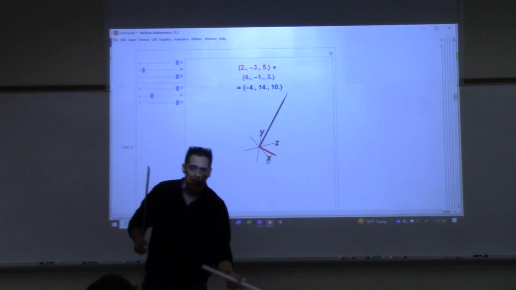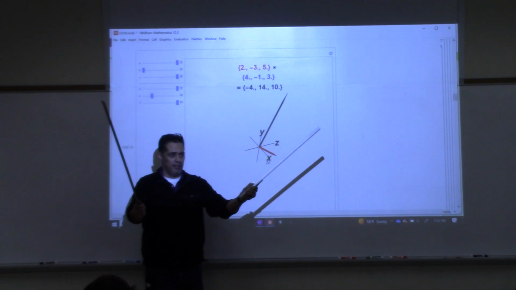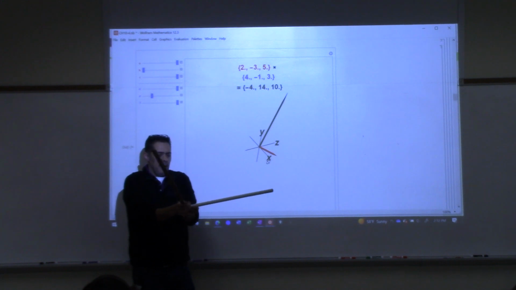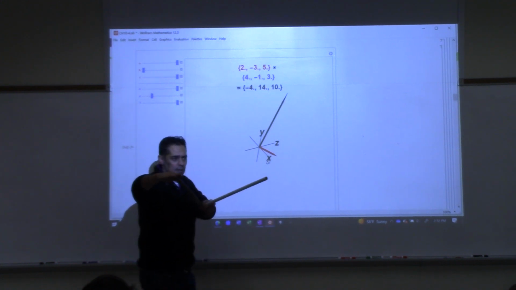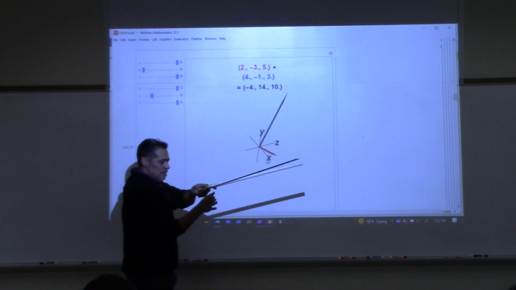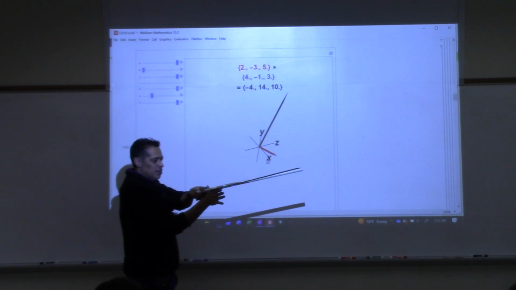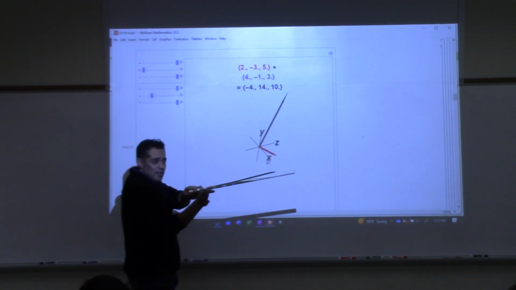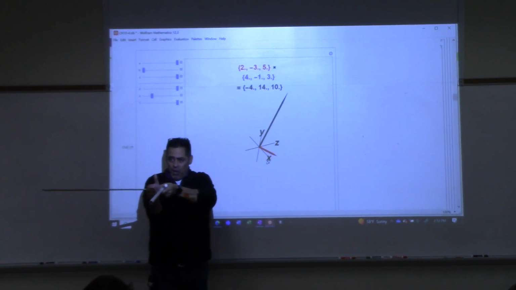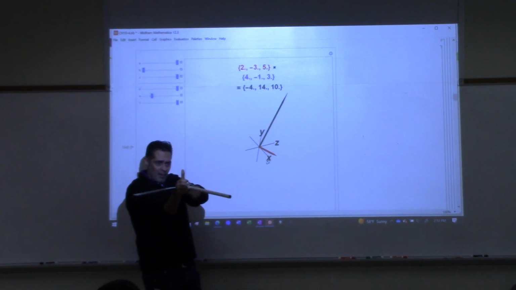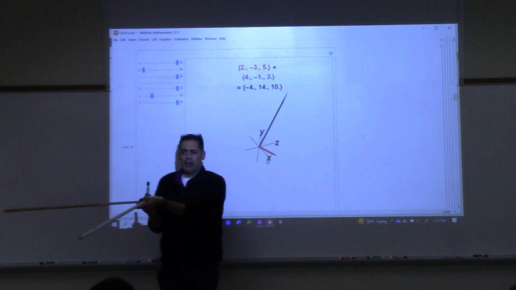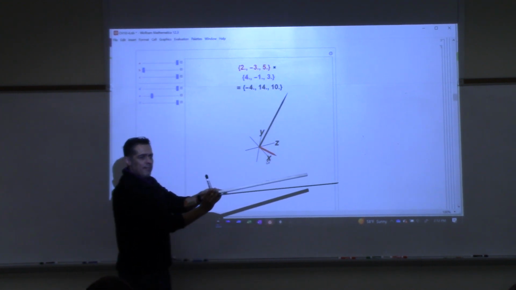If you give me two vectors, u and v, remember they're sitting in space, bring them tail to tail, and then take the u vector and cross it with the v vector. Get your right hand out, put your fingers down the u vector, turn towards the v vector, because you're crossing u with v. Your thumb is going to be the direction of the cross product vector. So your cross product's going to come out like this, straight up, and it's going to be orthogonal to those two vectors. Every single time.